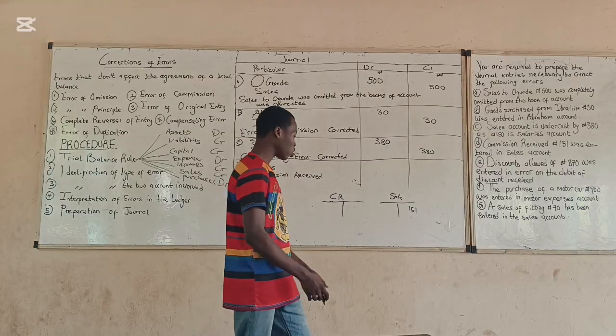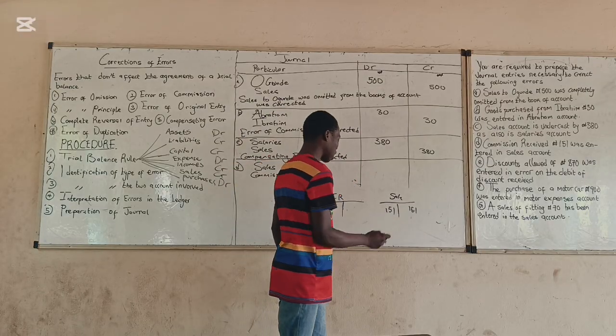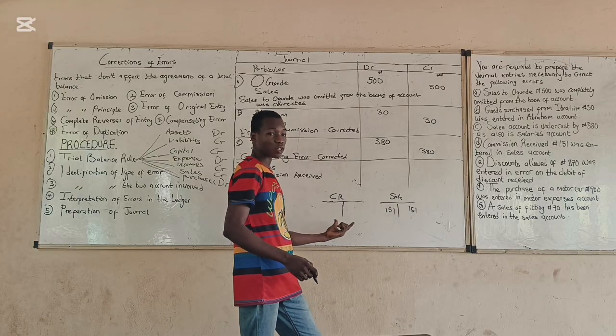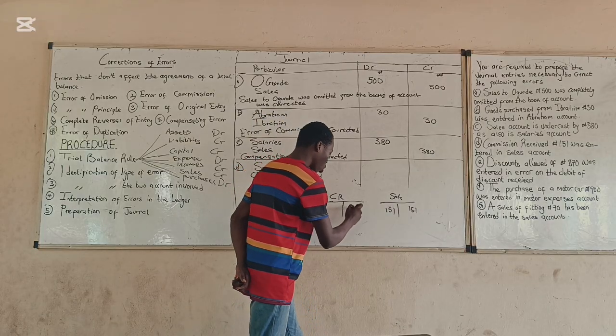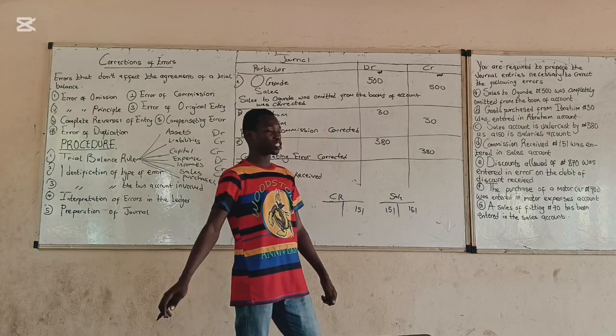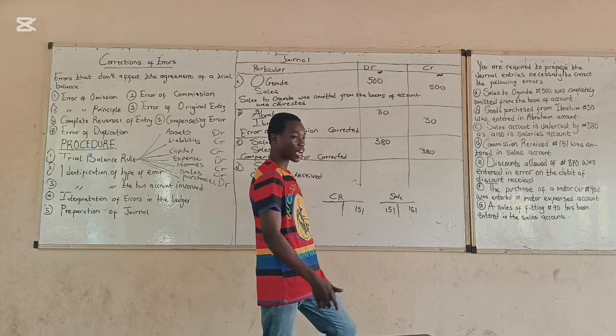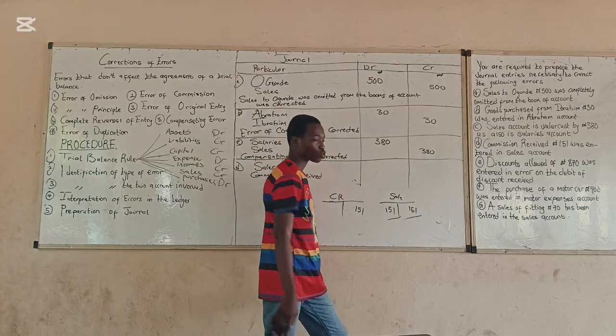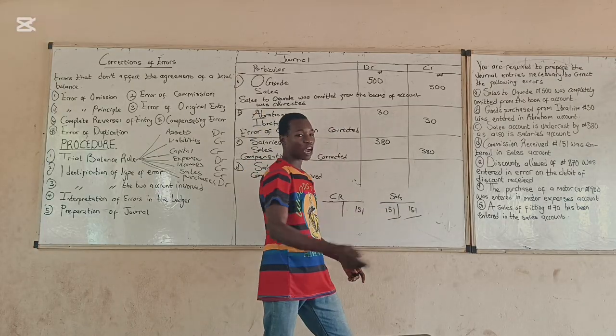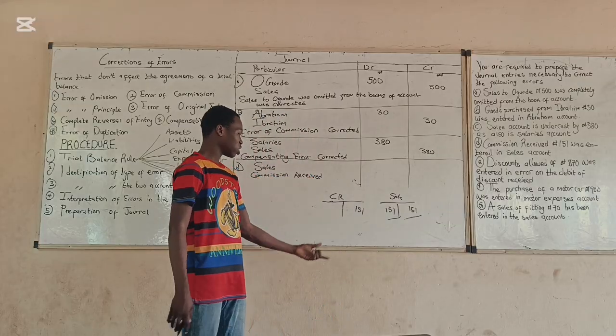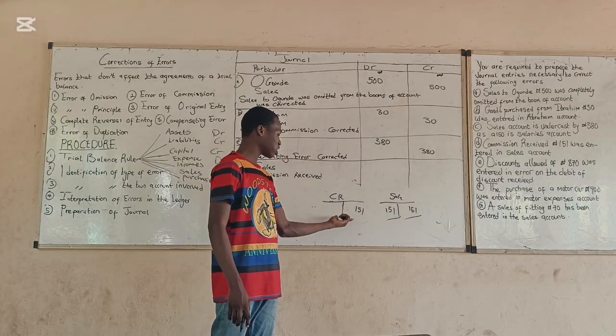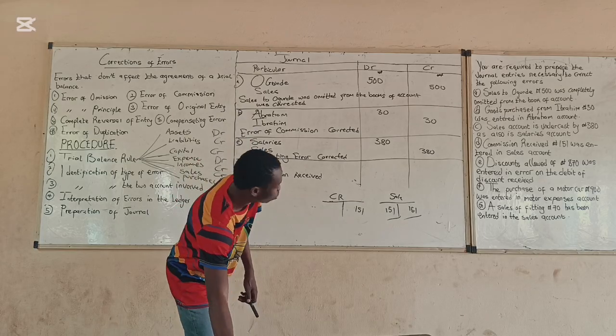So to do that, we are going to debit sales account. When you debit sales account, but the correct place that you're supposed to be is the credit of what? Commission received account. So when you debit sales account, both sides cancel out each other. So the account has what? Closed. Now we have corrected it by opening the correct account for it.